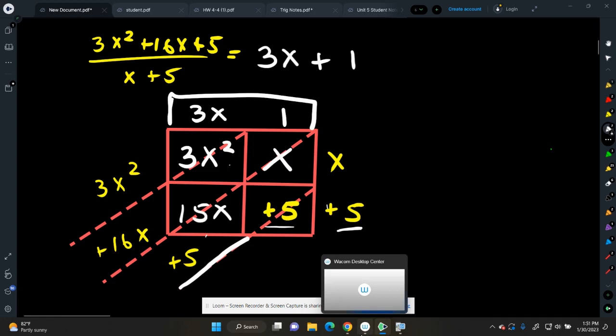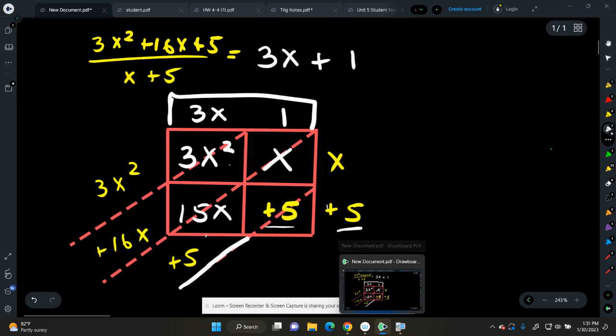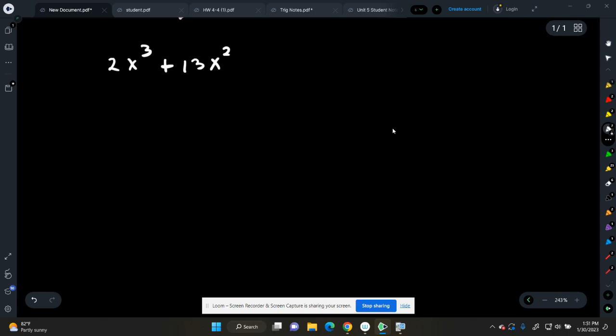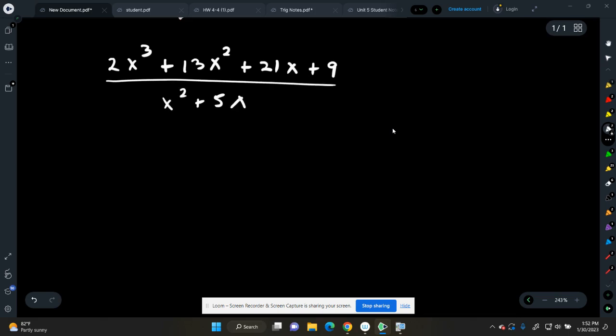Questions before we do number 5? Okay, so we have 2x to the third plus 13x squared plus 21x plus 9 divided by x squared plus 5x plus 3.